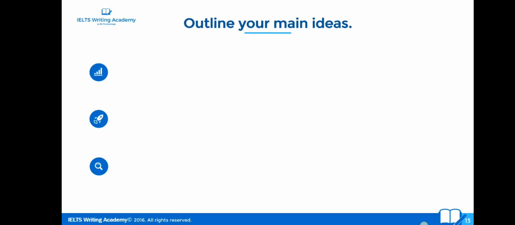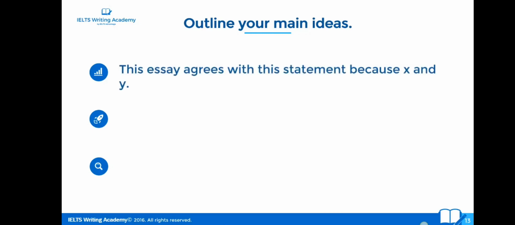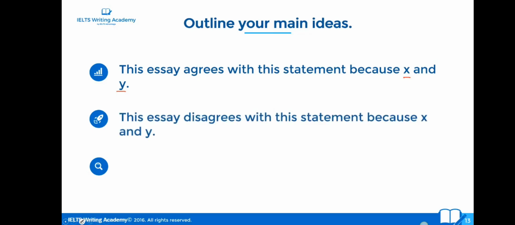As I said, this is not essential, but I would really strongly suggest that you do this. This essay agrees with this statement because X and Y. X is your first main idea. Y is your second main idea. This essay disagrees with this statement because X and Y. X is your first main idea, Y is your second main idea.